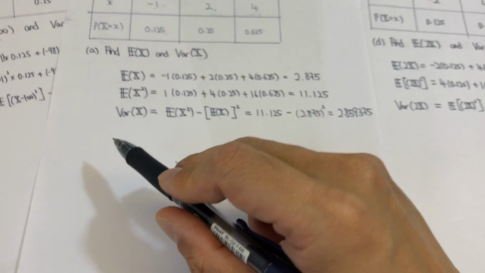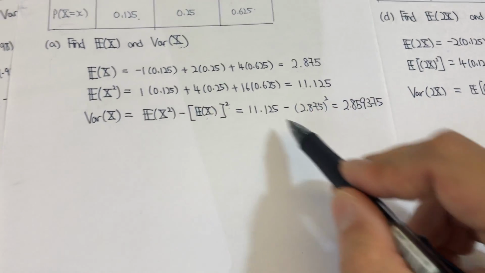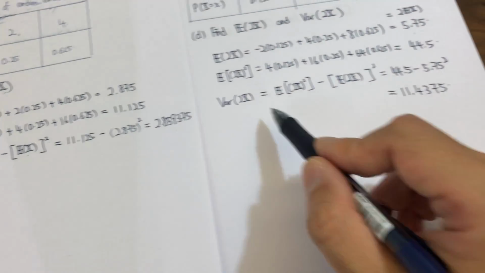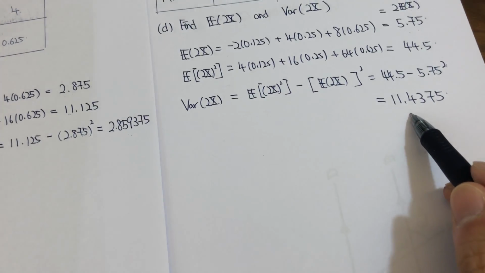Then what about the variance? The variance of x is 2.8 something, and the variance of 2x is 11.4375.